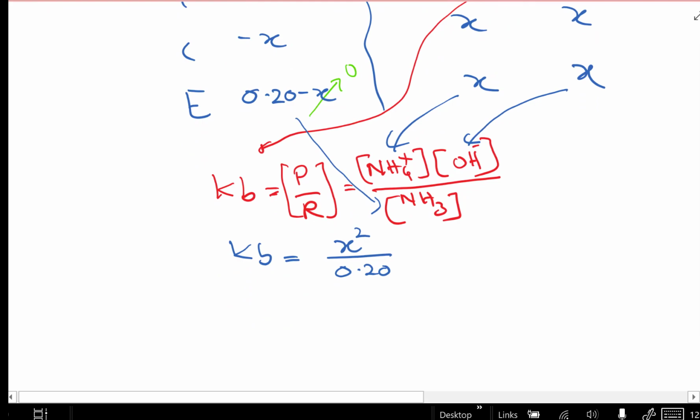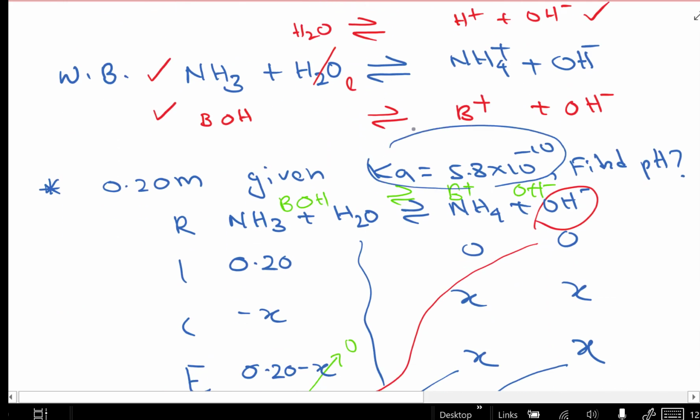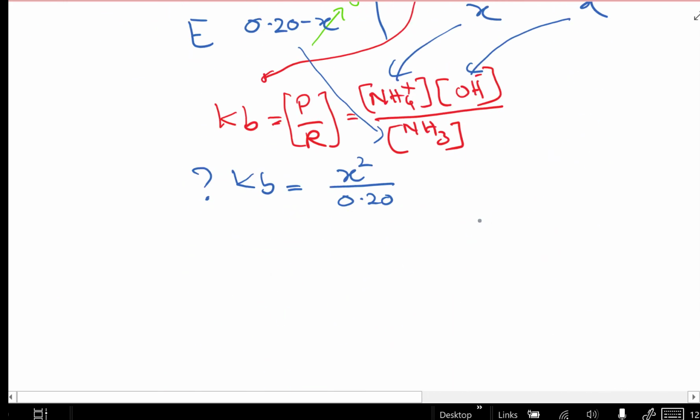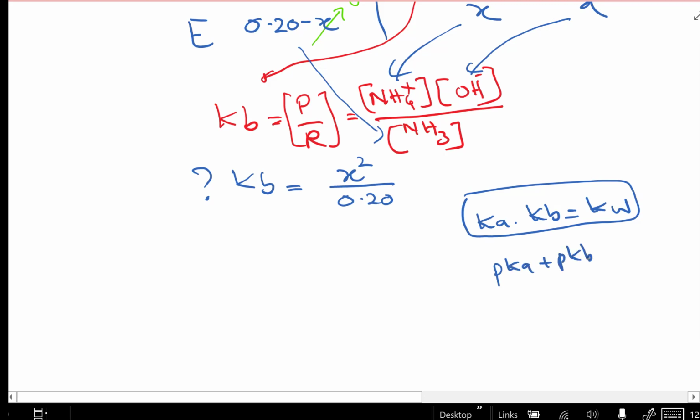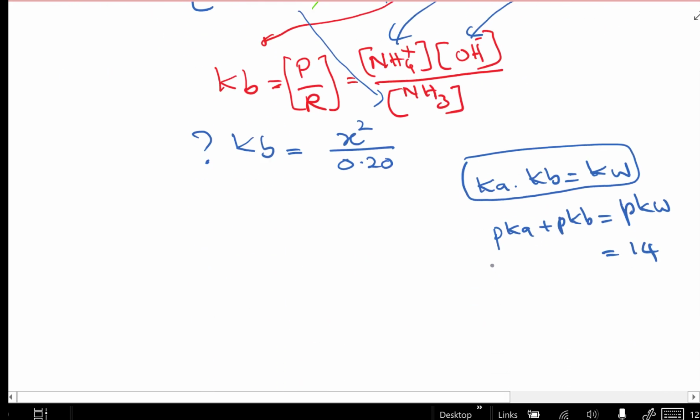You get Kb equals x squared over molarity. Now, Kb, we don't have it. We have what's given, Ka. So there are two methods. I'm going to show you the easy one to use on the calculator. If you use the Ka, Kb, Kw, and you're not well equipped with your calculator, you cannot calculate easily. But with pKa, pKb, smaller numbers, you can handle it easier.